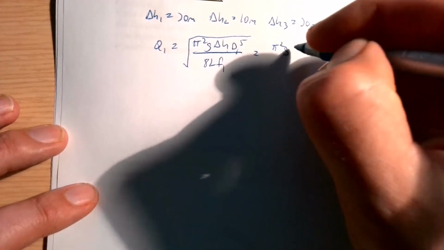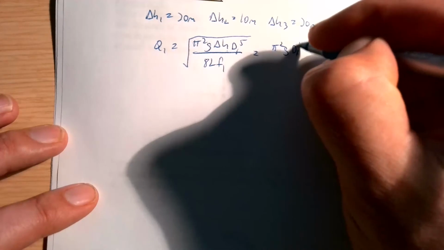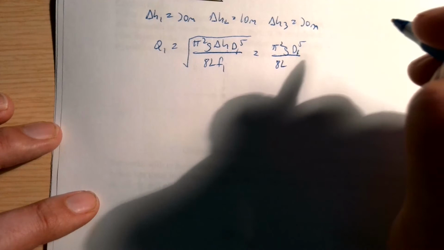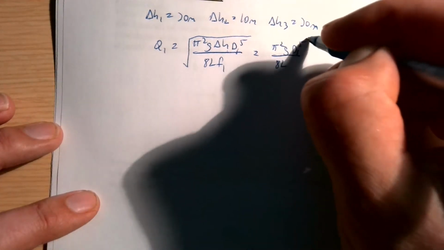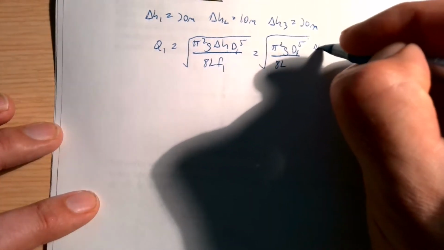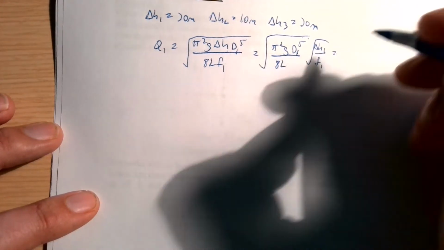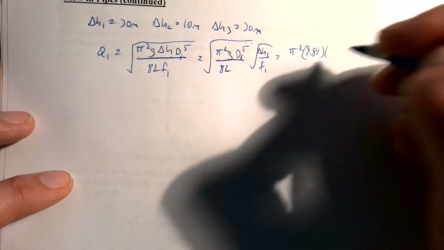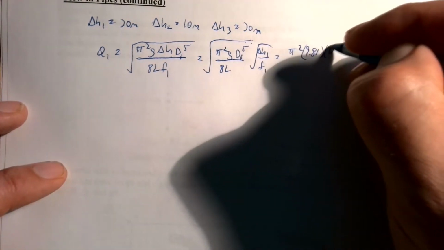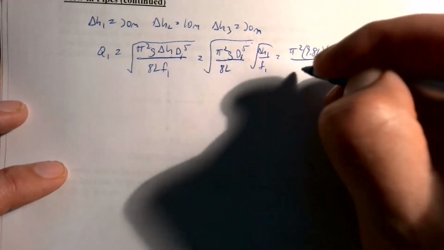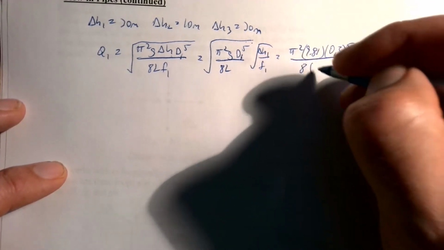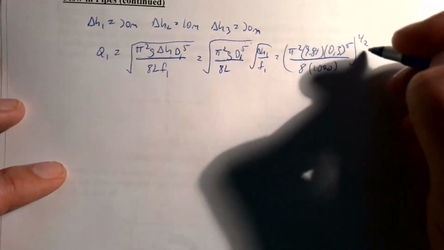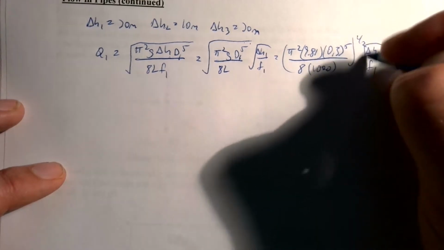So pi squared g d1 to the 5th over 8L, that is, pi squared times 9.81 times 0.3 to the 5th over 8 times 1,000, all to the half, times delta H1 over F1 square rooted.